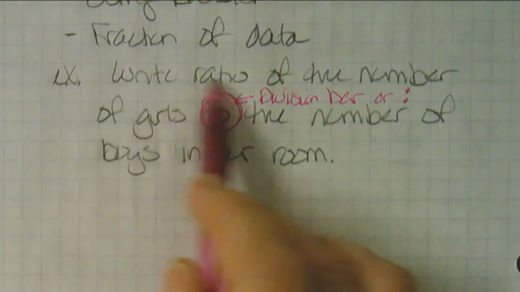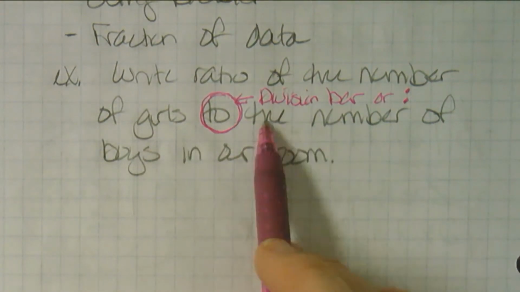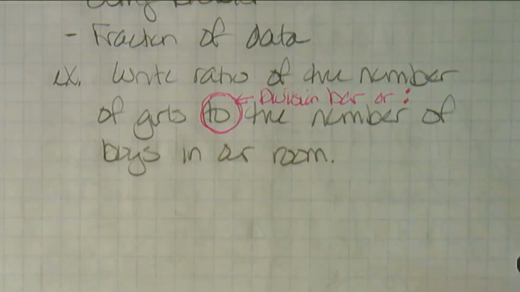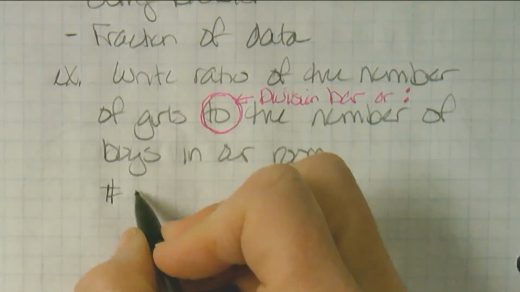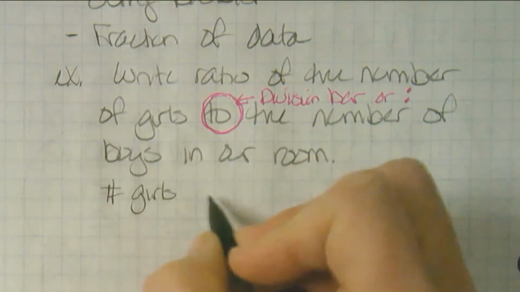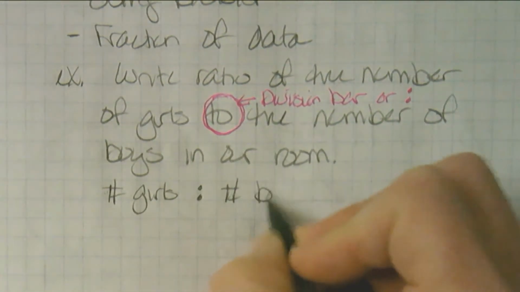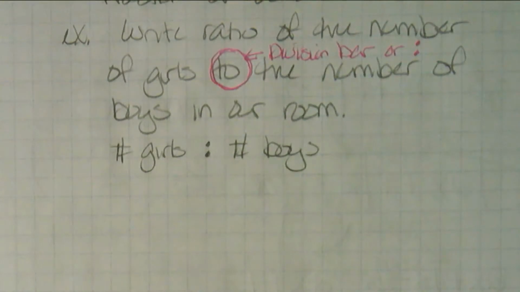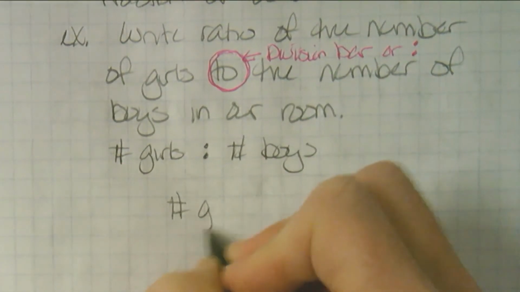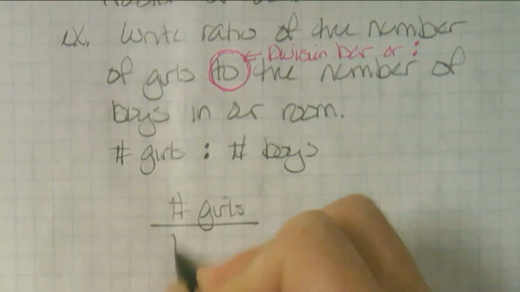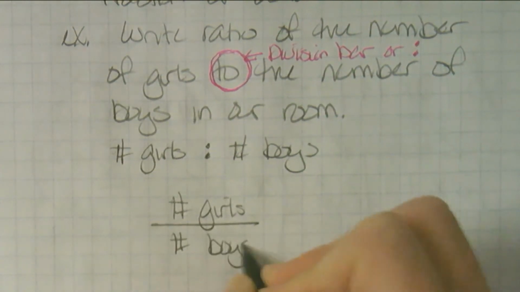So the stuff before the division bar is our numerator, the stuff after the division bar is our denominator. So this would be the number of girls, colon, the number of boys. That's one way we write it. But as a fraction, it's the number of girls divided by the number of boys.